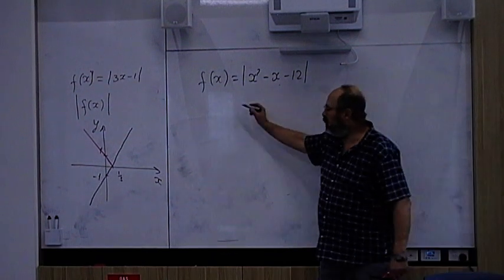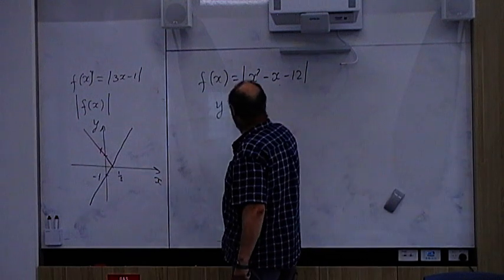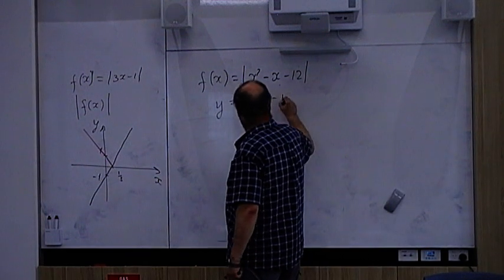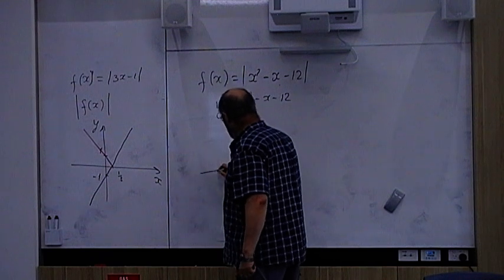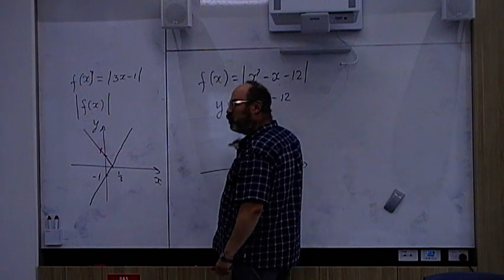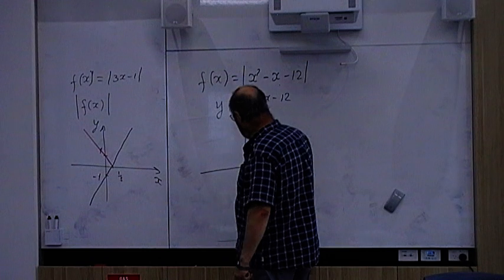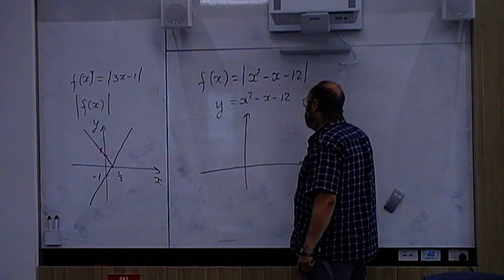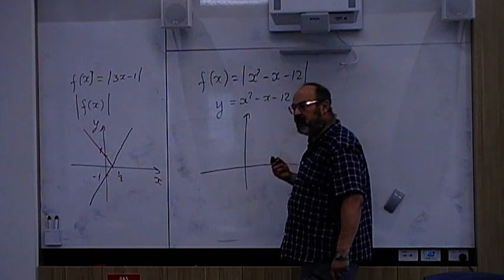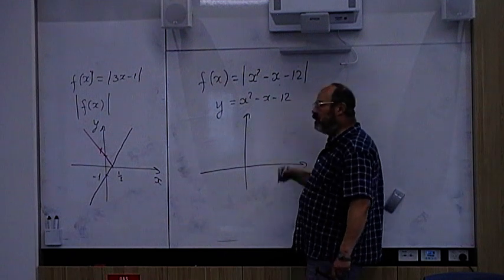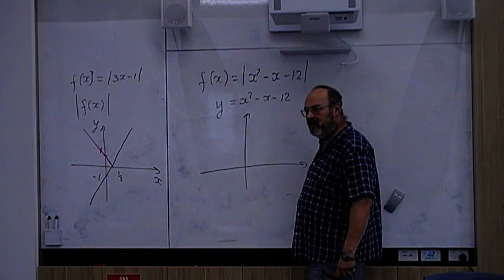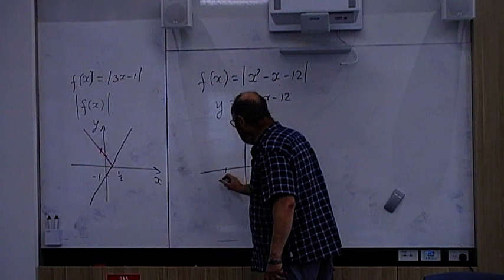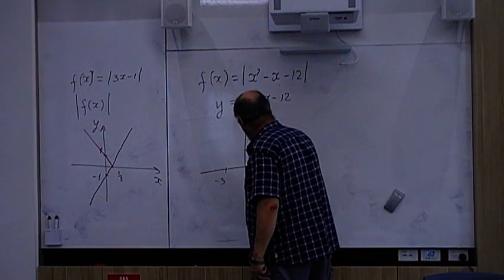So we start from sketching the graph y equal x squared minus x minus 12, which is obviously a parabola. You're not interested in the turning point at this stage. Actually, we can find it. The x-intercepts are negative 3 and 4.